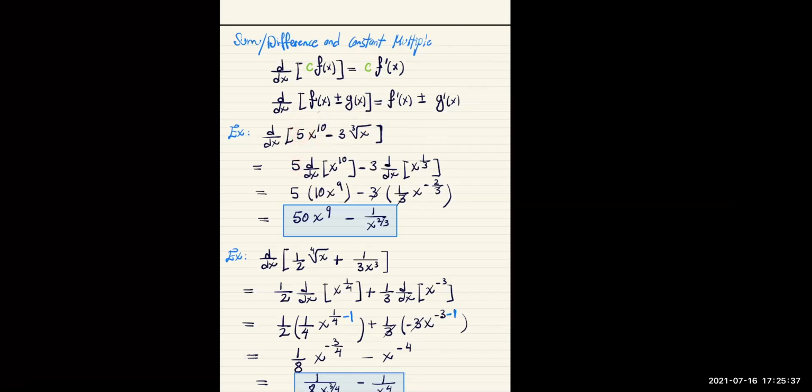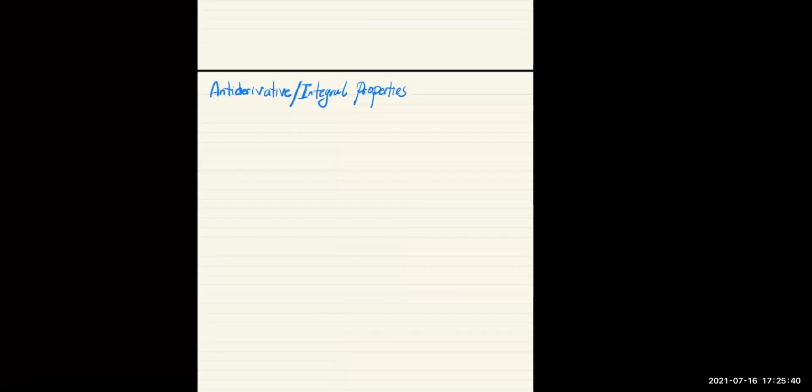Same rules apply here. If I have the antiderivative of some constant times a function, I can just put the constant out of the antiderivative. The derivative of a constant times a function is the constant times the derivative of the function. Same thing here.